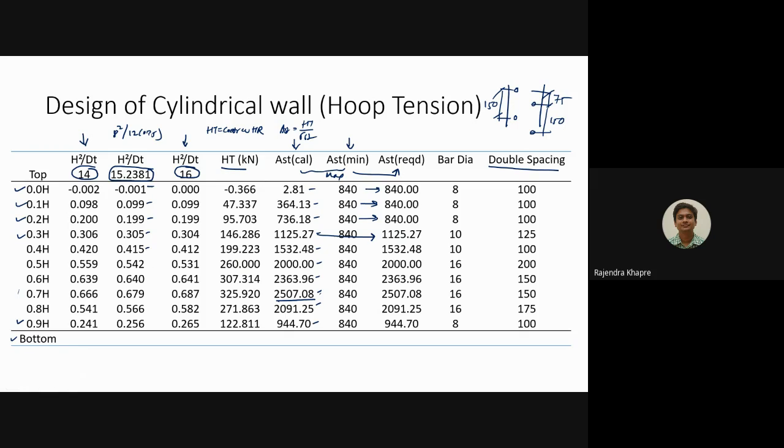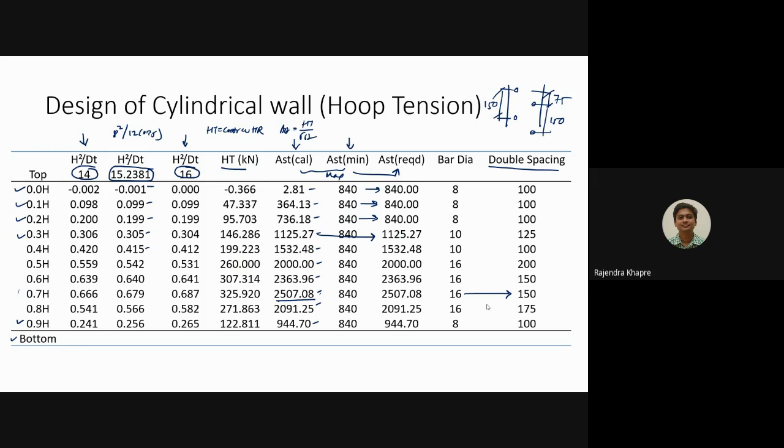That's why you will find here I have provided for maximum AST 16 mm dia bars at 150 mm center to center. I hope this is clear to everybody. Is it okay? Yes, sir.